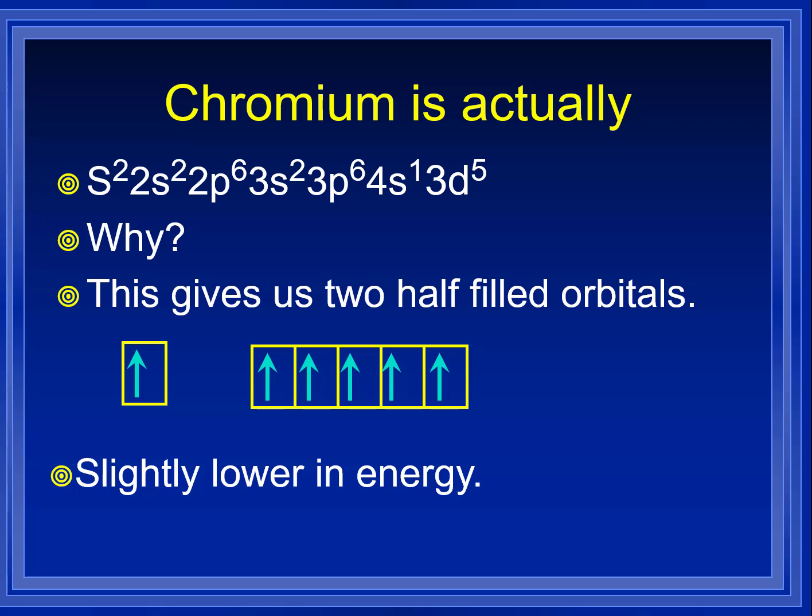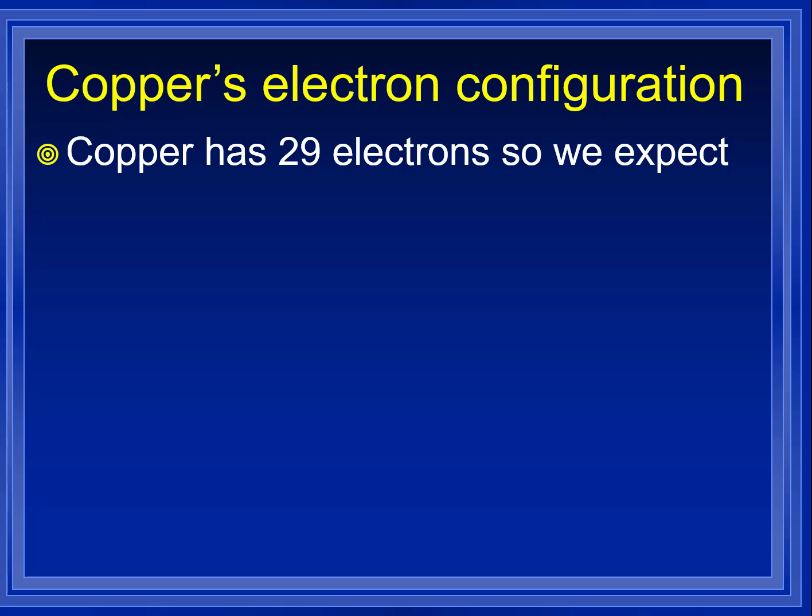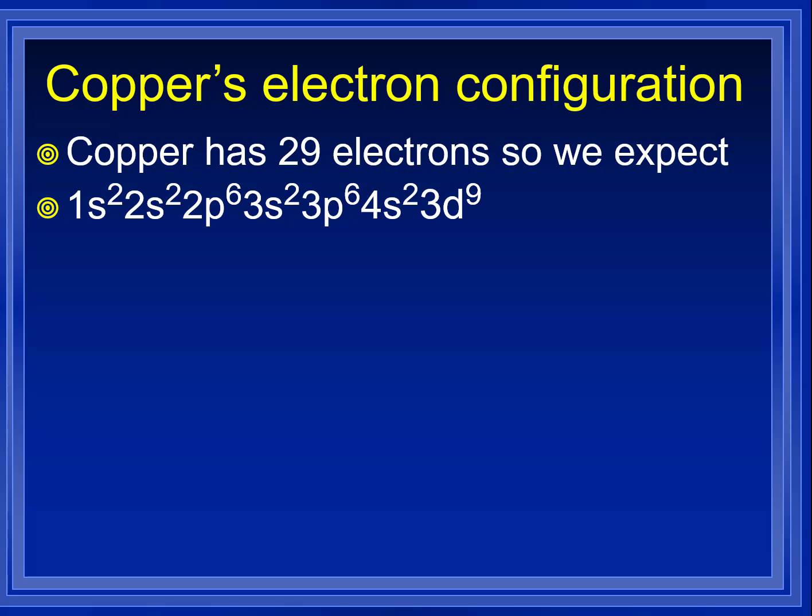Okay with that? Okay, there's another place it happens. Let's look at copper. Copper's number 29. I don't know if you noticed the trend. Titanium with 22 was at D2. Vanadium at 23 was D3. Chromium at 24, we expect it to be D4. So at 29, we expect copper to be D9.